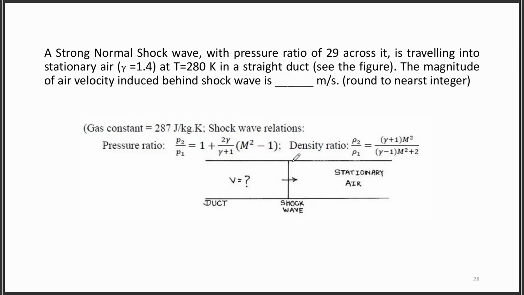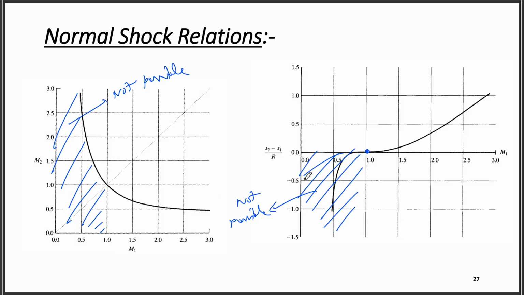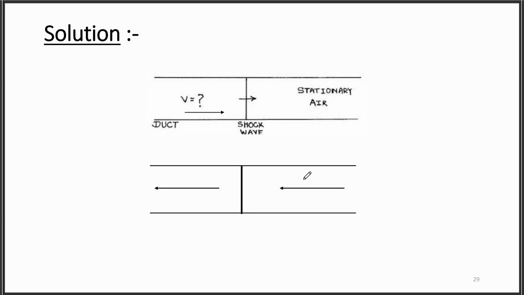Till now we have studied only the stationary shock wave. The shock wave was not moving. So first we have to make this shock wave stationary, or write in a coordinate frame such that the shock wave becomes stationary. Let's say the velocity of this shock wave is c.